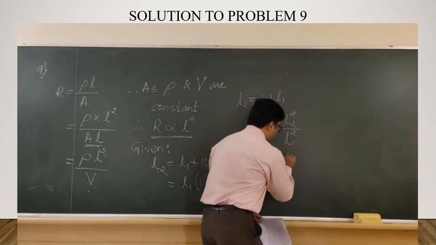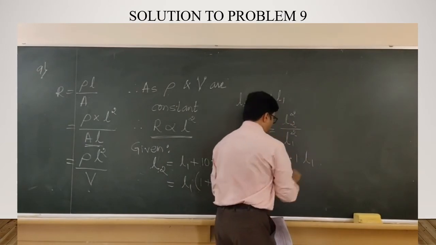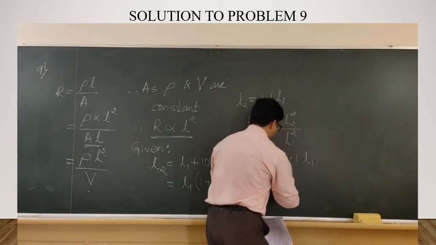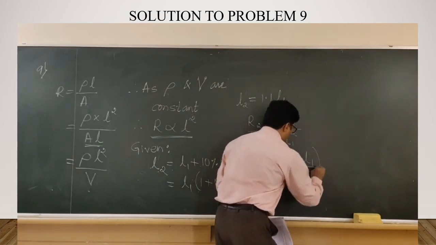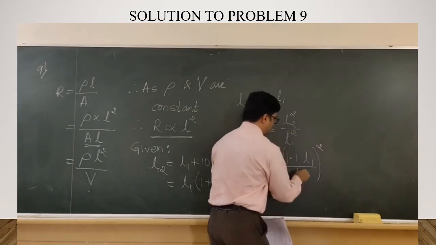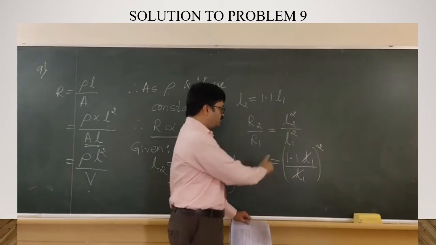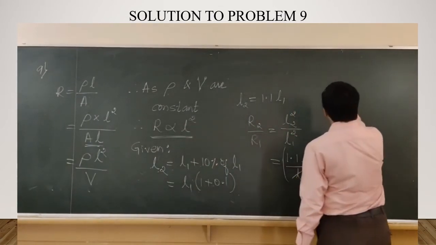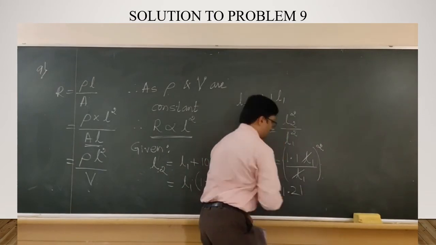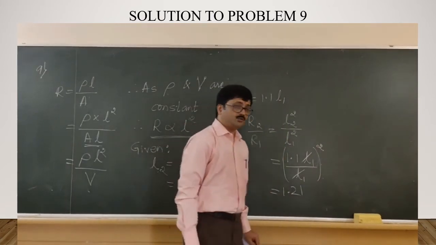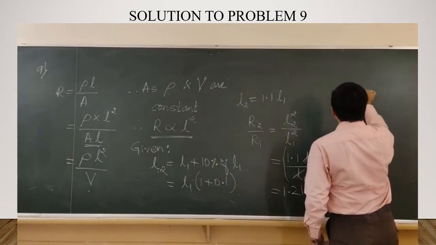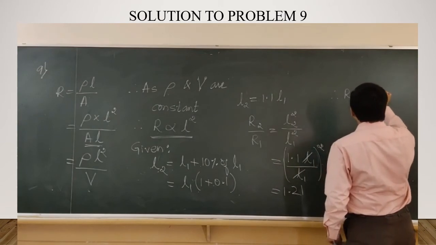So we write 1.1 L1 divided by L1 whole square. Now L1 cancels, then we get 1.1 whole square, which is nothing but 1.21. So R2 by R1 is 1.21. Therefore, R2 is equal to 1.21 times of R1.